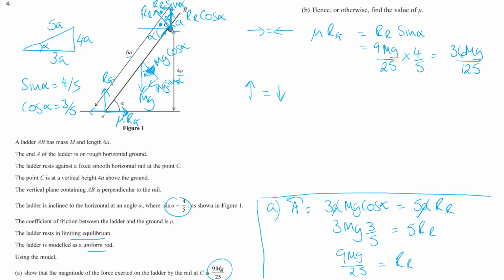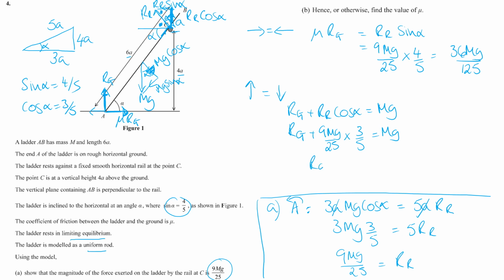Now if I do the vertical, forces up equals forces down. So which are the forces going up and down? We've got the reaction at the ground going up, and we've got the vertical component from the reaction at the rail. They're both going upwards. So you've got Rg plus the reaction at the rail, cos alpha, is equal to mg going down. So Rg plus 9 mg over 25 times cos alpha, which is 3/5, is equal to mg.